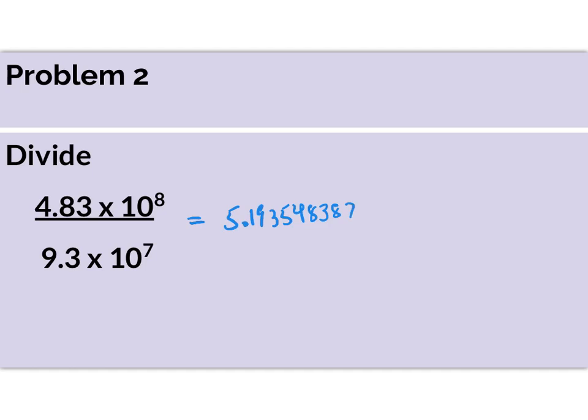Now, since you're in high school, we're going to round to the thousandth place. That means 3 digits behind the decimal if they don't tell us. And since 5 is between 1 and 9, there's no reason to put this in scientific notation because it just wouldn't make any sense.